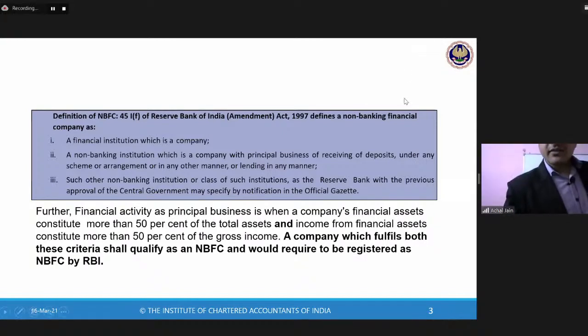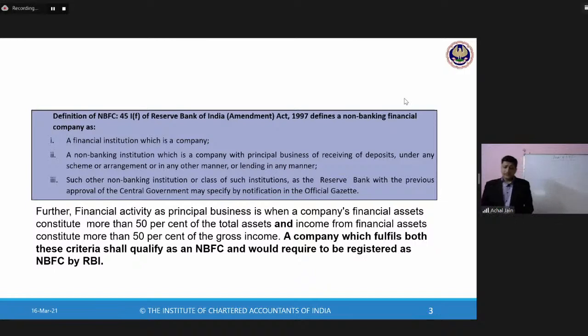So let's understand the criteria we need to look through. This is at times also called the 50-50 test. We need to pick up at one place the total assets of the NBFC and at the other place the gross income of the NBFC.